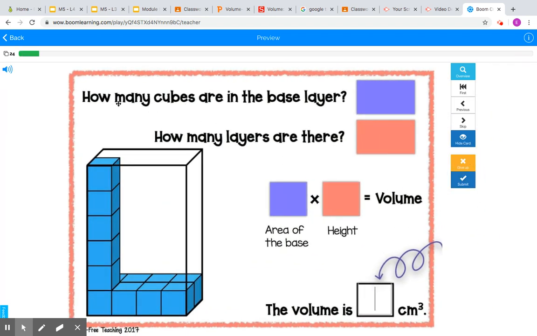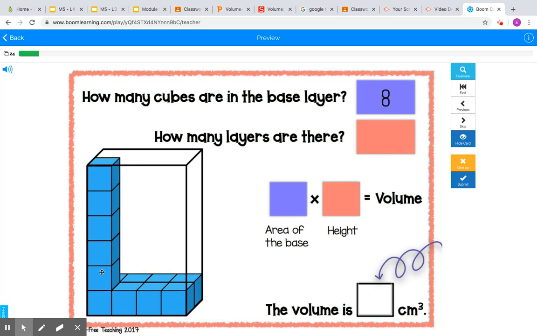Again, I need to figure out how many cubes are in the base layer. What's the bottom area of my structure, the base layer? 1, 2, 3, 4, 5, 6, 7, 8. And how many layers of 8 do I need to stack up in order to reach the top of my structure?